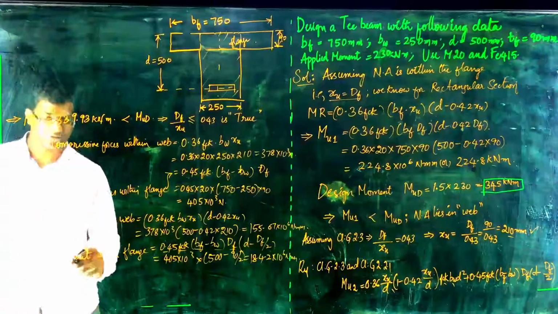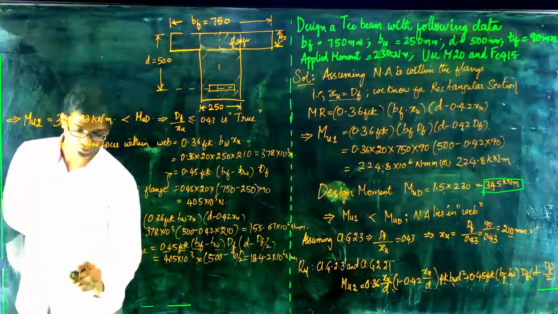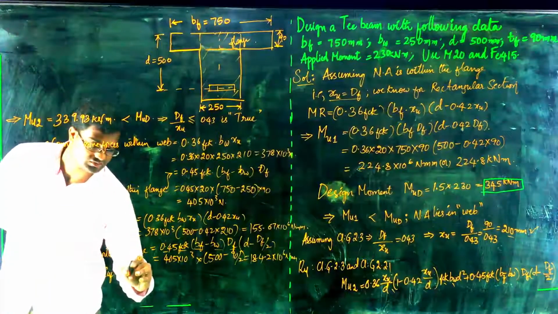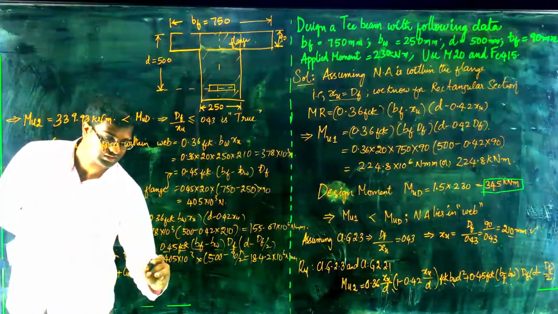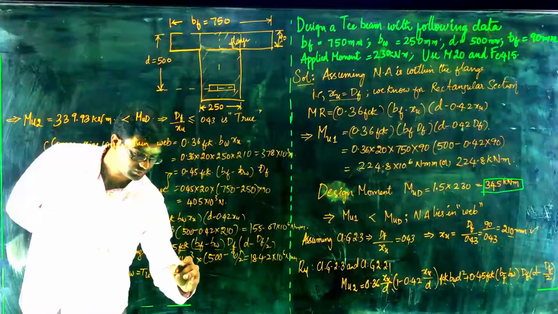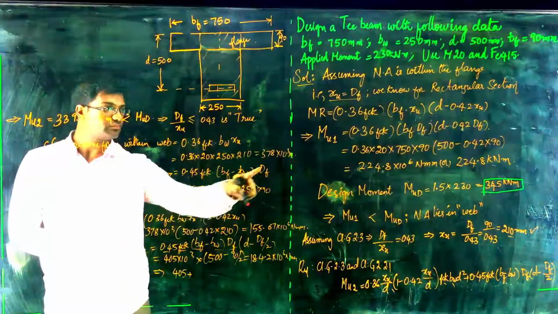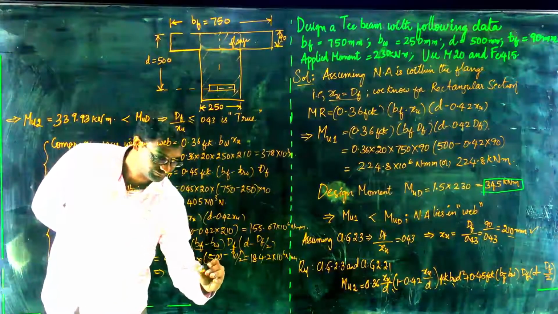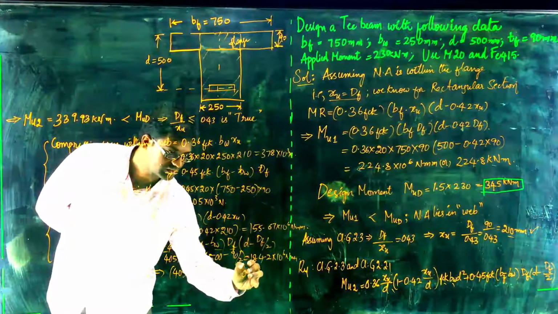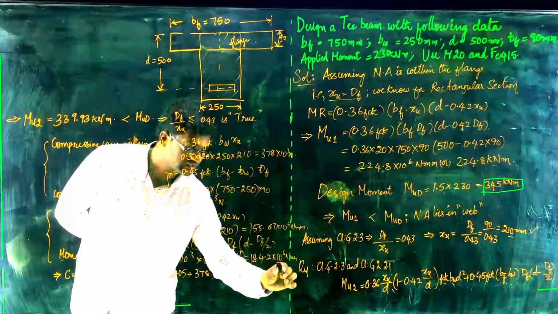Now from force equilibrium you know that total compressive force equals total tension. So total compressive force can be divided as compressive force due to flange and compressive force due to web, and the ultimate tensile load. So total compressive force due to flange is 405 plus total compressive force due to web is 378, into 10 cube, equals this value given by 0.87 fy Ast.